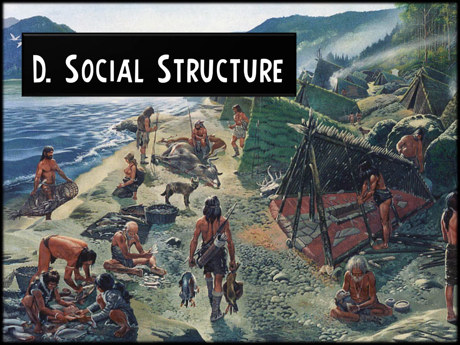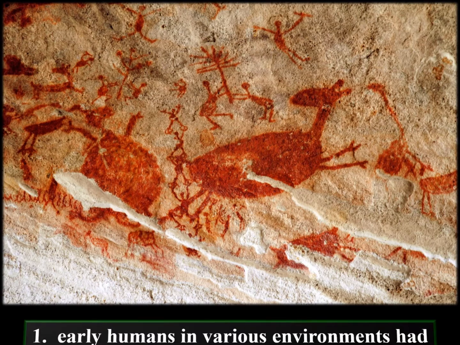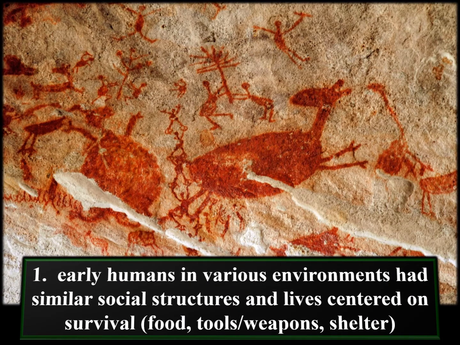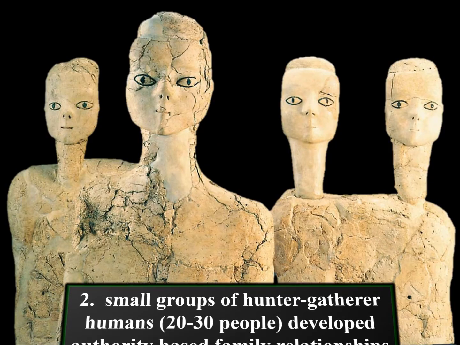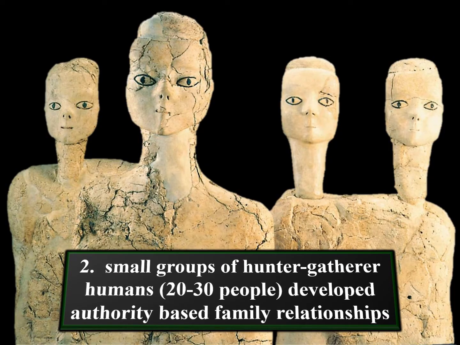Social structure is now something we need to discuss, the development of. Early humans in various environments had similar social structures and lives centered on survival, food, tools and weapons, and shelter. Small groups of hunter-gatherer humans, usually about 20 to 30 people, developed authority-based family relationships.